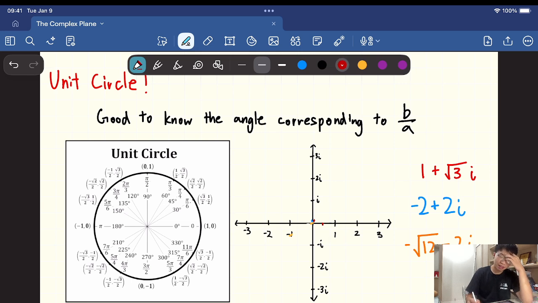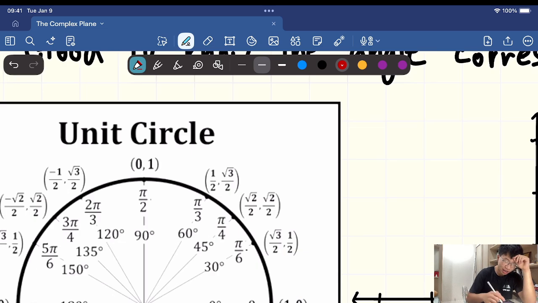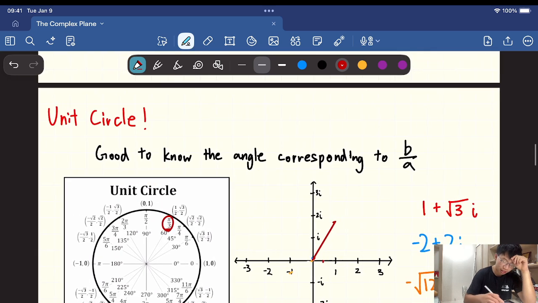Here are three complex numbers, and without a calculator, we want to be very familiar with finding an argument directly. So 1 plus square root of 3 i, we plot it out, it's going to be kind of here. What angle is that? It's the inverse tangent of square root of 3 over 1, and you can find that in radians it's pi over 3. So that's the argument for it.